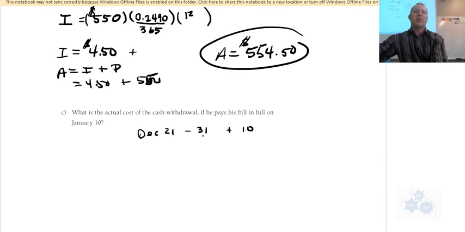So 21 to 31, that's going to be 11, thank you. 11 days plus 10 is 21 days, or 22? Oh, but we got to count the first as well, actually. So 1st to 10th is 11. So it's actually 22. So 21 to 31 is 11, and 1 to 10 is 11 as well. So we got to include all those days.